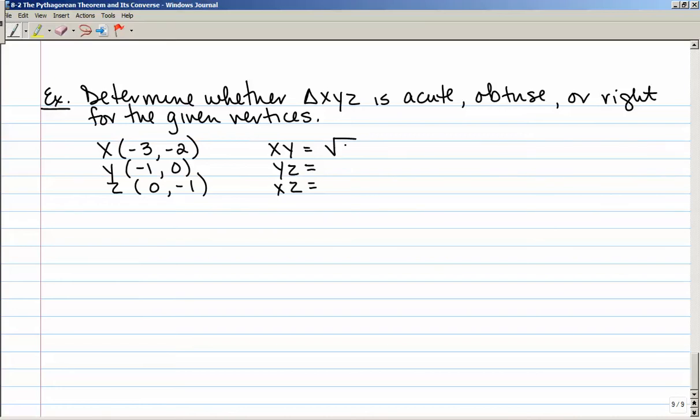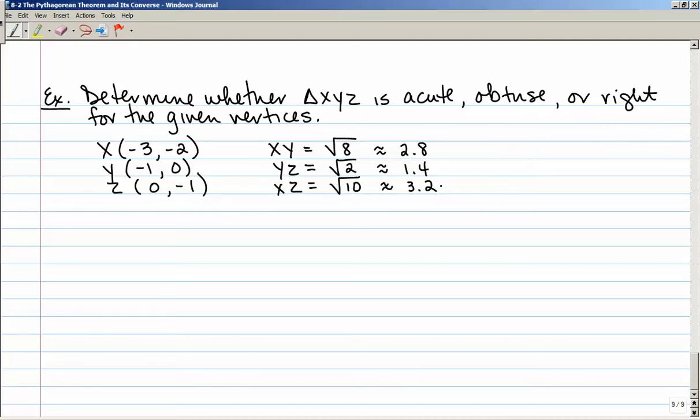XY comes out to be the square root of 8, which is approximately 2.8. Don't worry about simplifying it. YZ ends up being the square root of 2, which is approximately 1.4. And XZ ends up being the square root of 10, which is approximately 3.2.